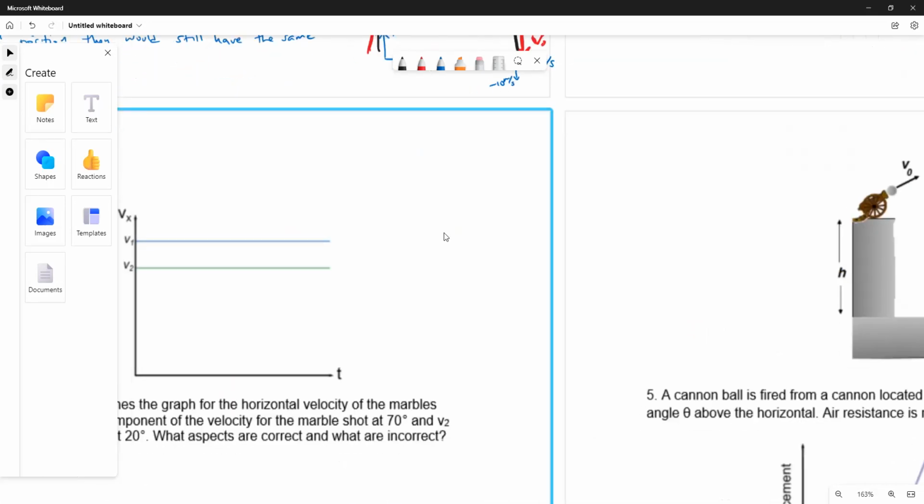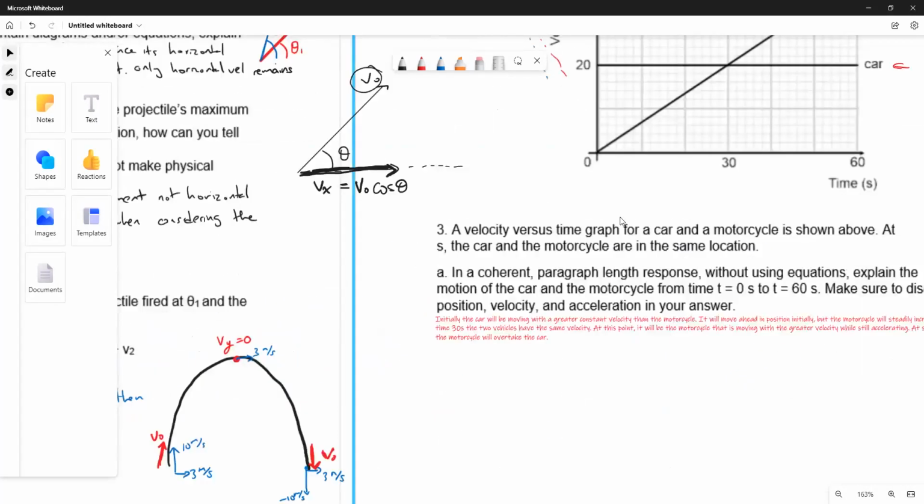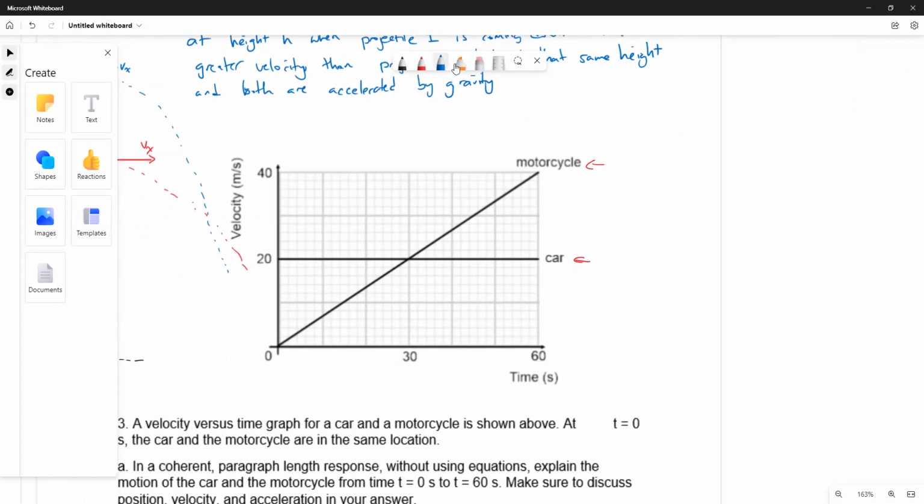So moving on from there, part B asks us to determine at which time the car and the motorcycle are in the same spot. Justify your answer. It's really simple. I'm going to look at the area. For the whole thing for the car, that's going to be a rectangle, and that rectangle has a base of 60 and a height of 20.